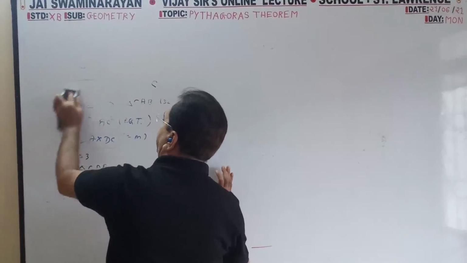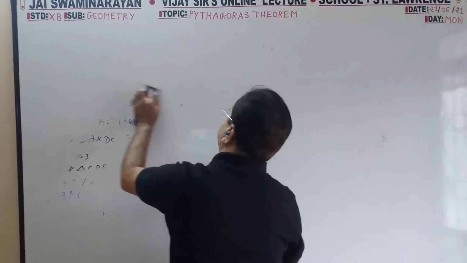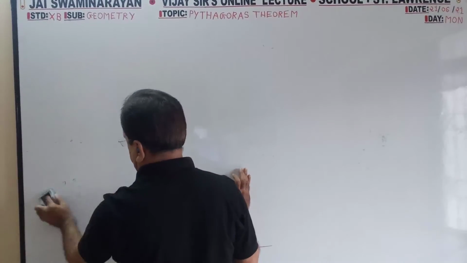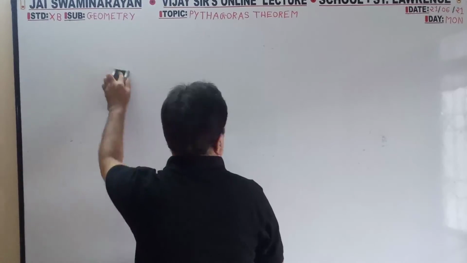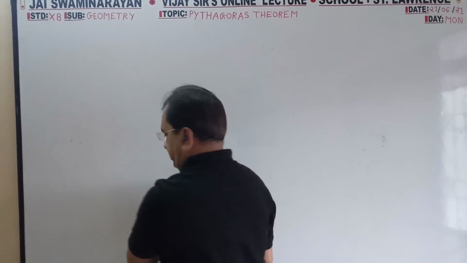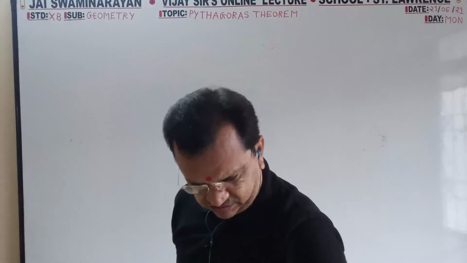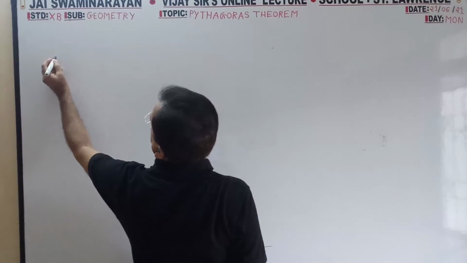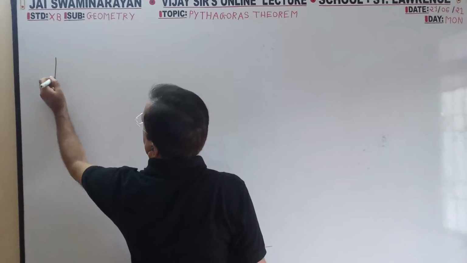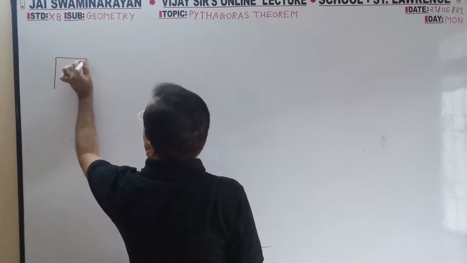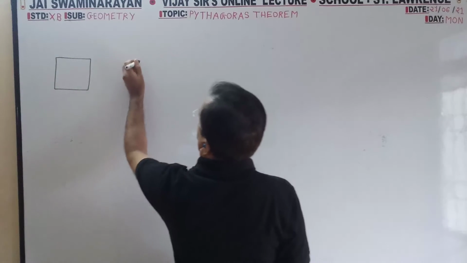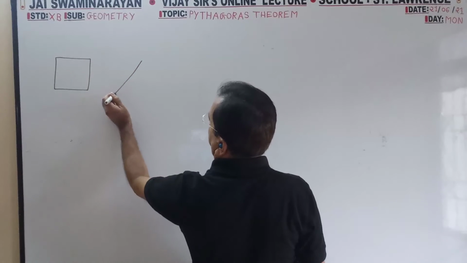Two groups of formulas I am giving that you can use in this chapter to make your calculation very easy. Only for square. Only for equilateral triangle.